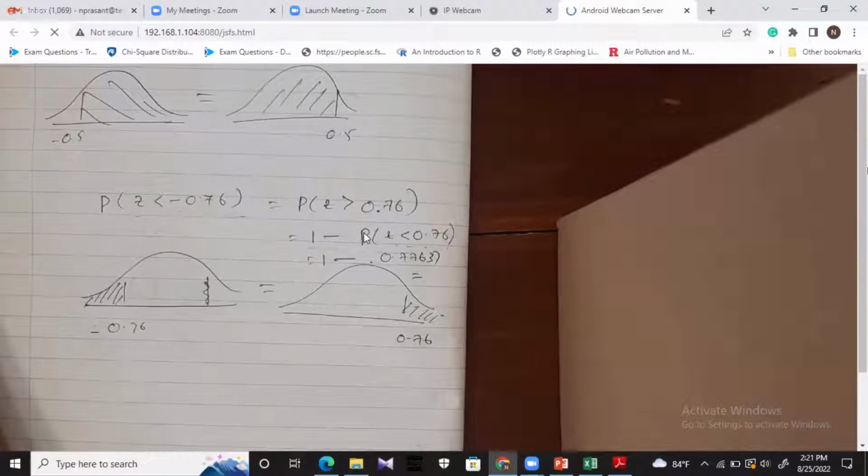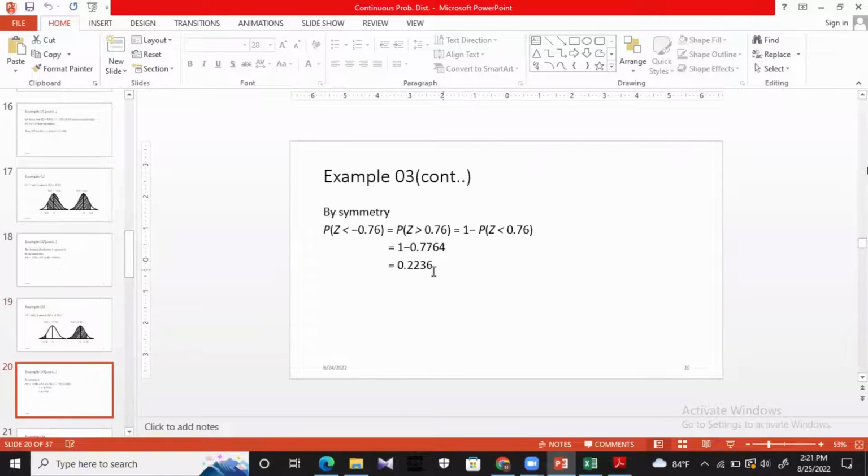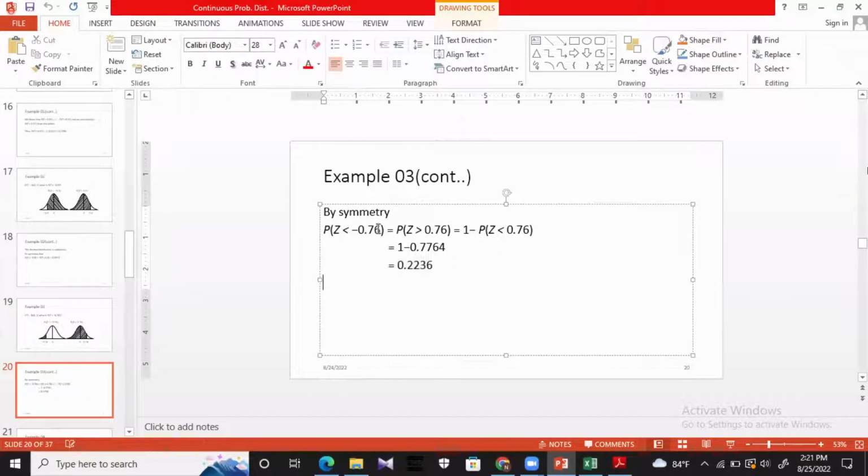Okay, this probability can be found from the table, that is 0.77637. 1 minus that value is going to be 0.2236. Okay, you have to practice these problems at home.